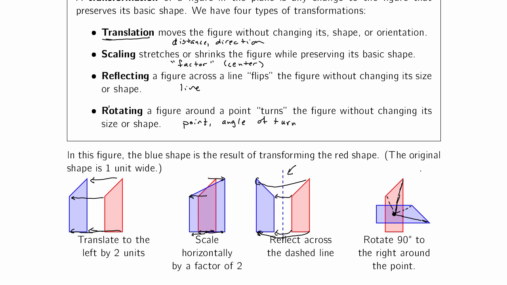So those are our 4 kinds of transformations. We're going to limit the transformations that we talk about in the coordinate plane to horizontal and vertical translation and scaling, reflection across the x and y axis, and rotation of 180 degrees around the origin.